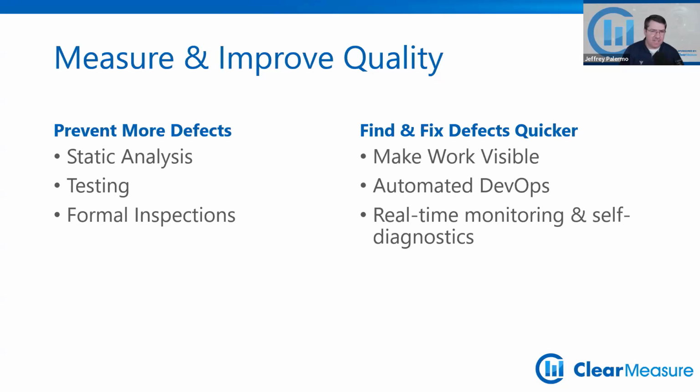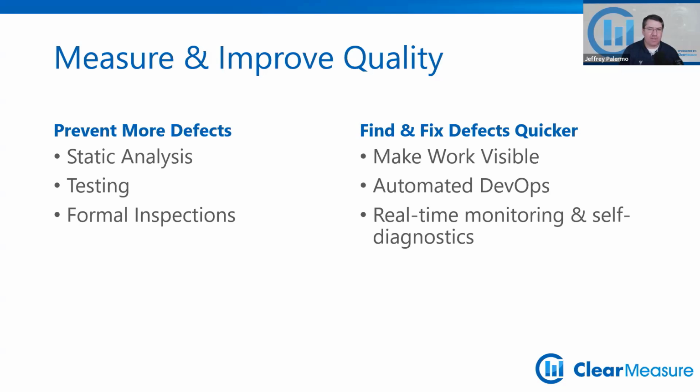And for finding and fixing defects quicker, we're going to make the work more visible and have a process that inspections can layer on top of very easily. We're going to implement automated DevOps practices, so we have a very short cycle time so that any defect that does slip out can be fixed much more quickly.